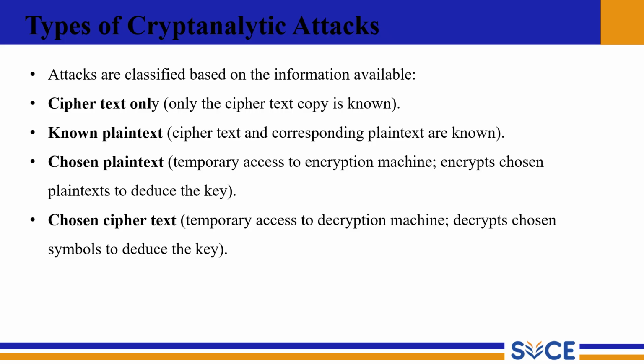More advanced are chosen plain text attacks, where the analyst gains temporary access to the encryption machine to encrypt chosen plain text and deduce the key. Similarly, chosen ciphertext attacks involve temporary access to the decryption machine to decrypt chosen strings to deduce the key.